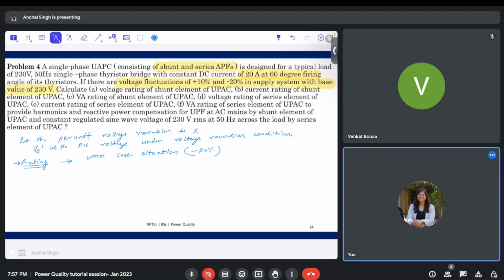Okay. So let us start with the AC load RMS current. So we know that the AC load RMS current is IL, which is equal to 20 ampere.